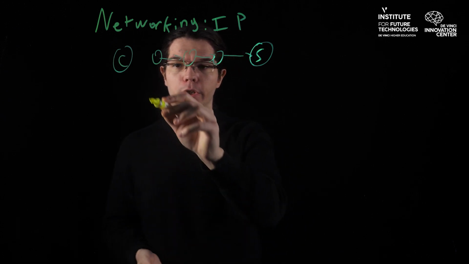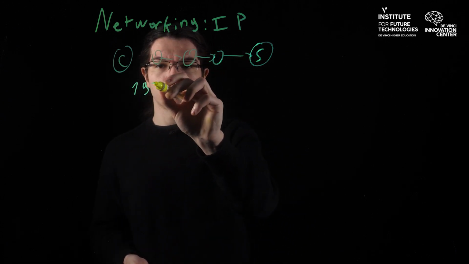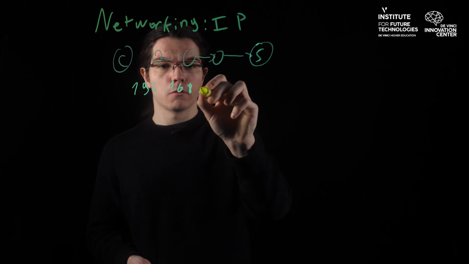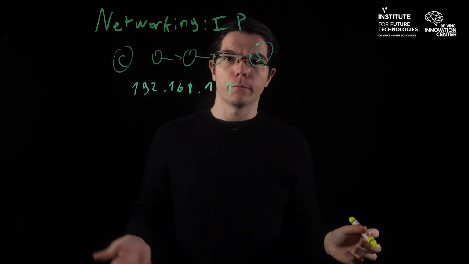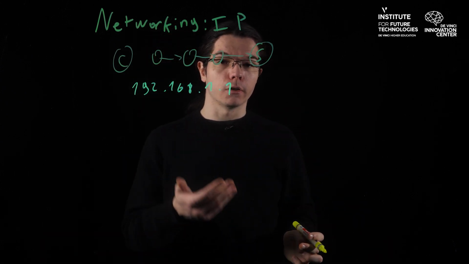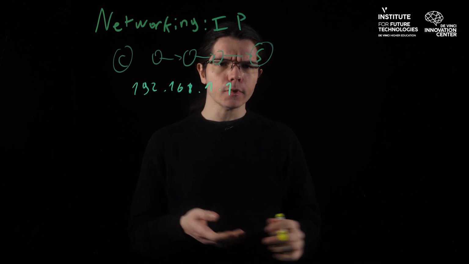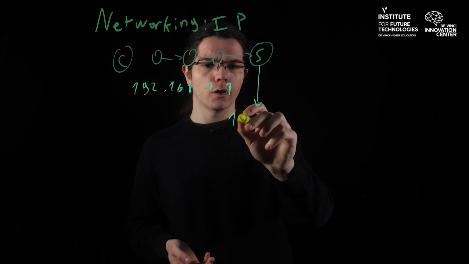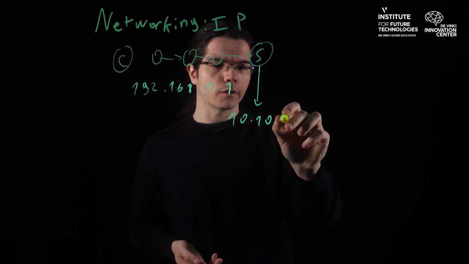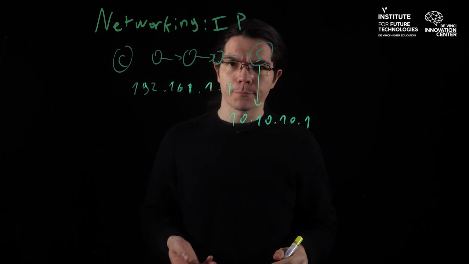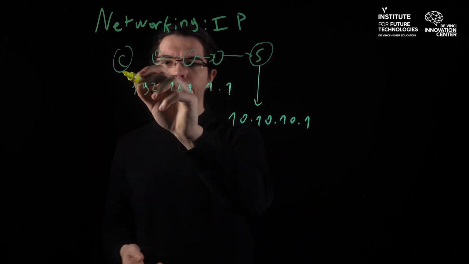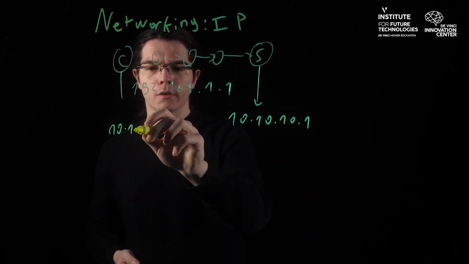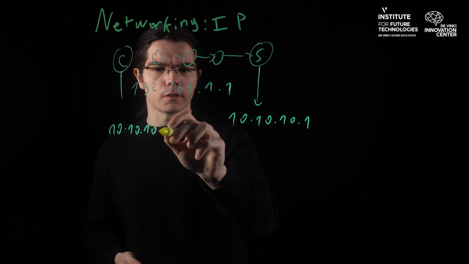And you know, this IP address would look something like this, for example. This is a private IP address that you can find on your home network. Let's say this server here has the IP address 10.10.10.1, and this one has the IP address 10.10.10.2.